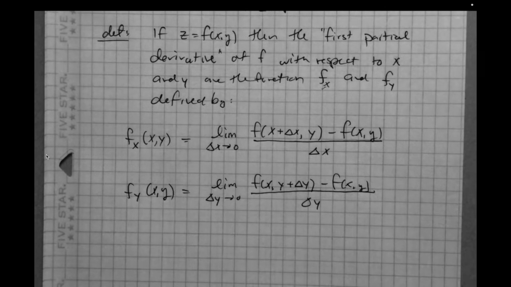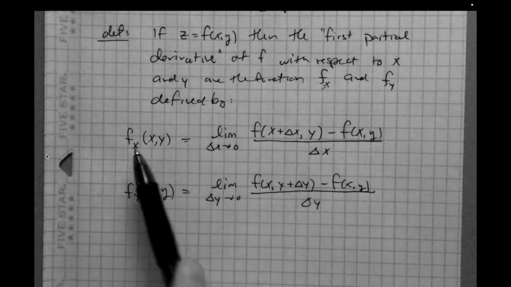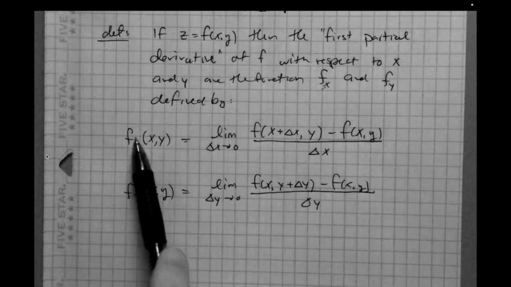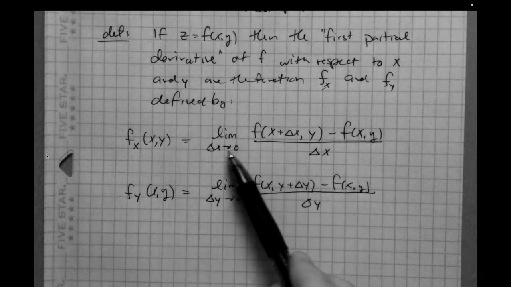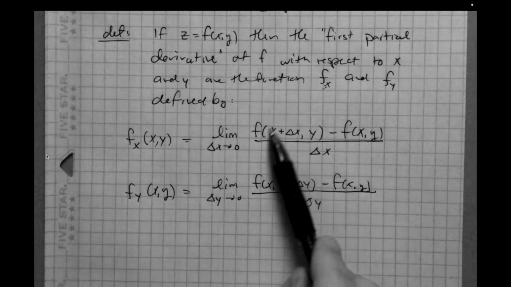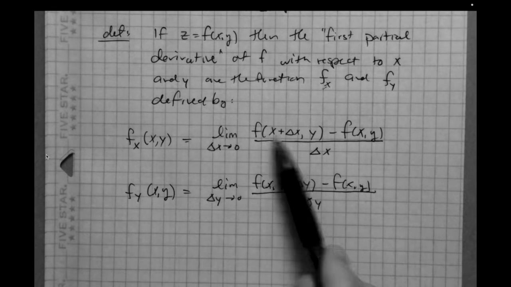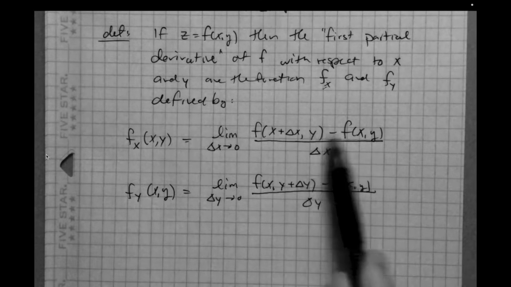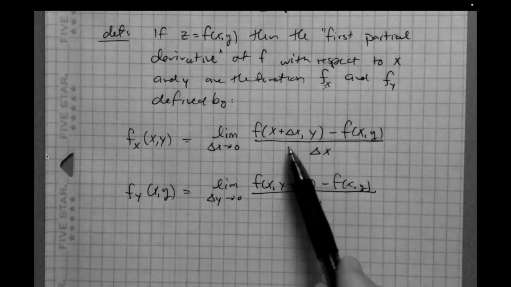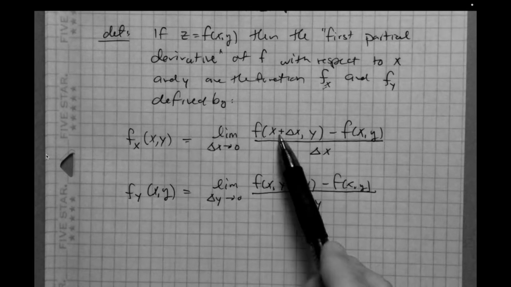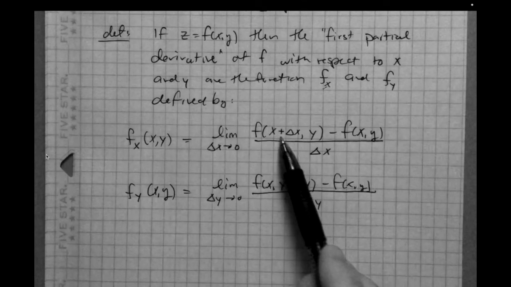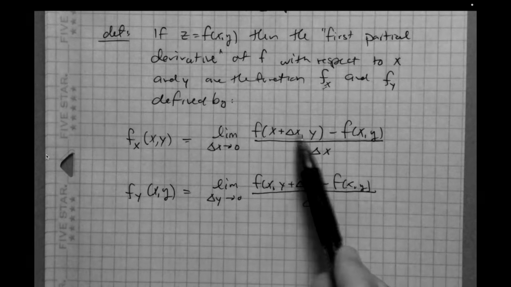Okay, so what's happening here? What's happening in this definition? Well, when we differentiate with respect to x here, you'll notice that we're allowing just for the variation in the x variable, with y treated like a constant, right? So you have the limit as delta x goes to 0, so you're just off of x, and there's a small delta x here.